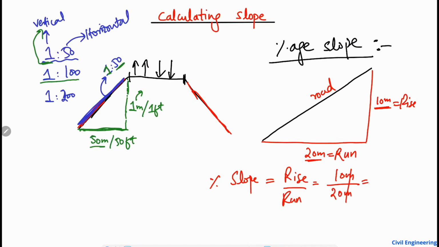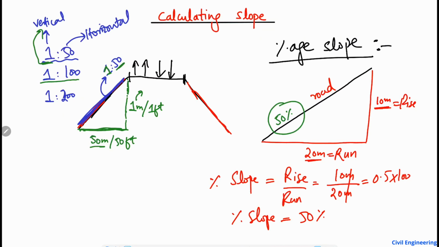So the meter will be cancelled. We get 0.5. If you multiply it by 100, we get the percentage. So the percentage slope of this road is 50%. We can write here that the slope of this road is 50%, and this number will be shown on the road.